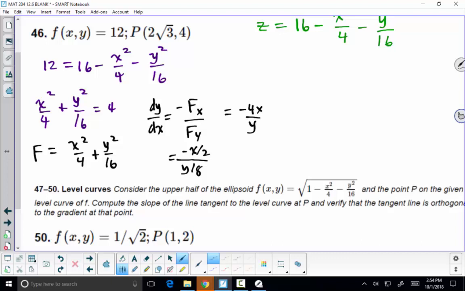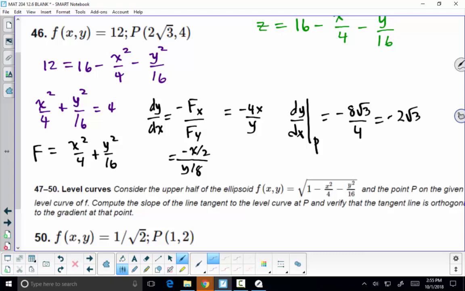And then we evaluate it at our point of interest. So dy dx at P will equal negative 8 root 3 over 4, if I divide it right. So we just get negative 2 root 3.